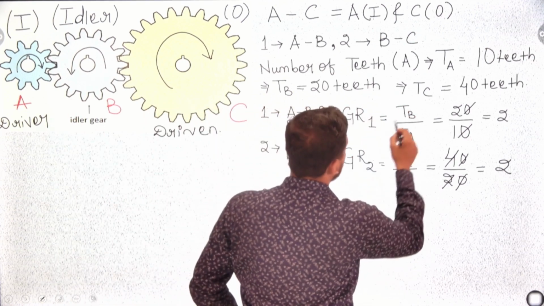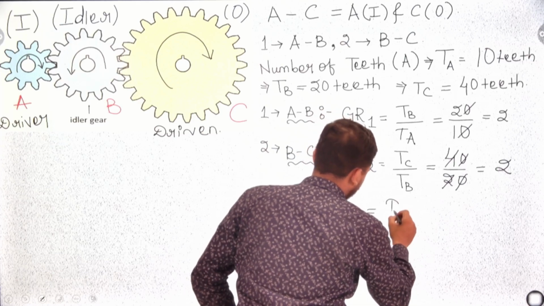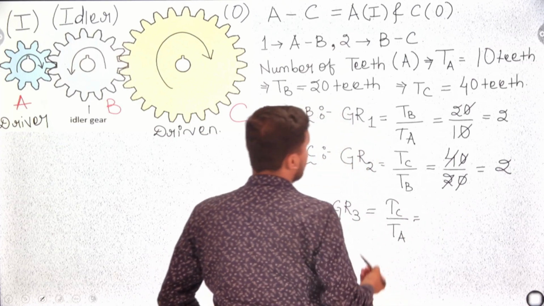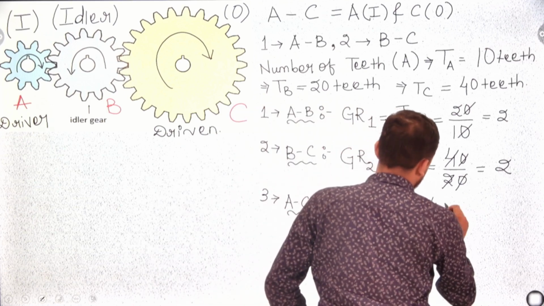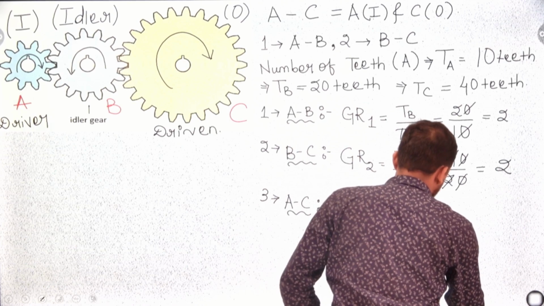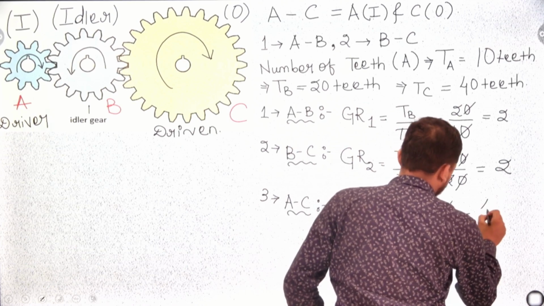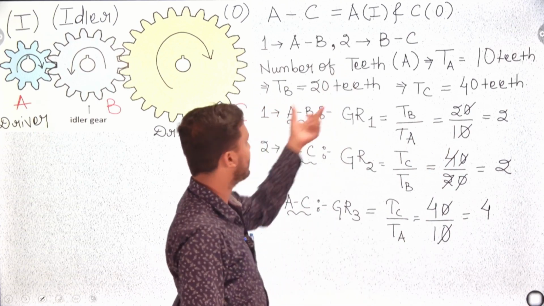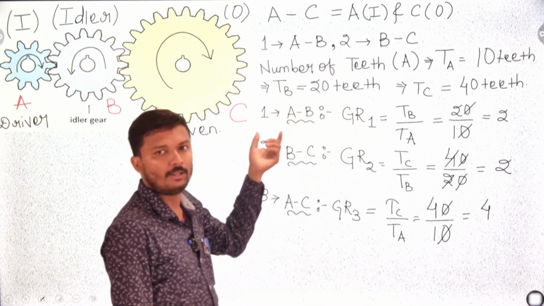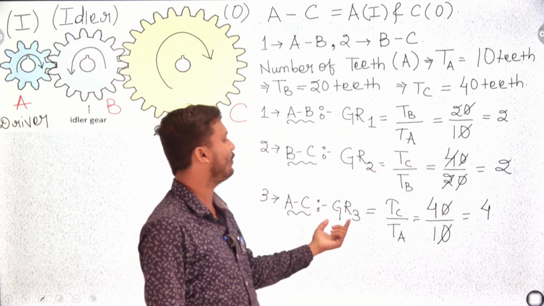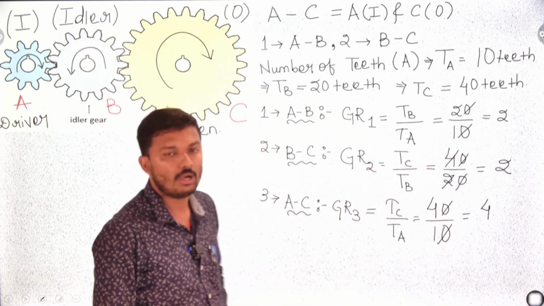TC by TA, and TC is 40 and TA is 10. Now it becomes 4. So in the first case the AB gear ratio is 2, in the second case the gear ratio becomes 2, and in the third case the gear ratio becomes 4.